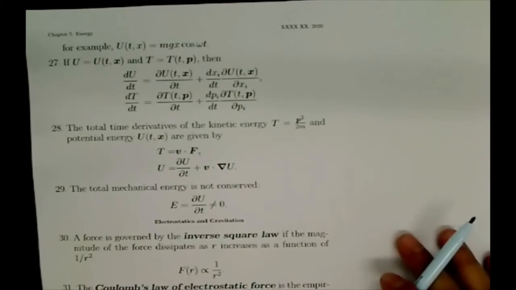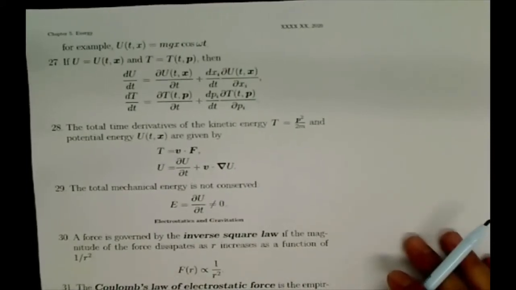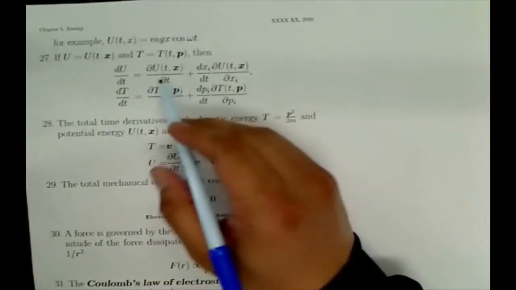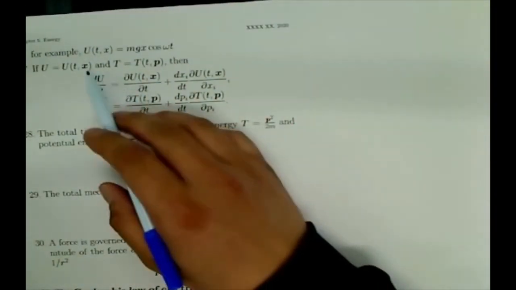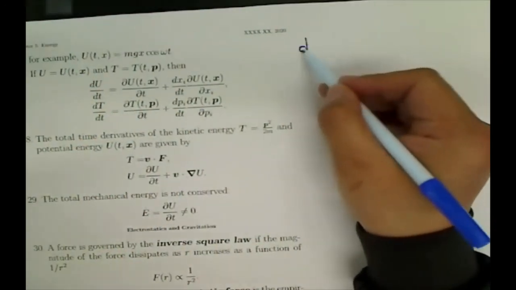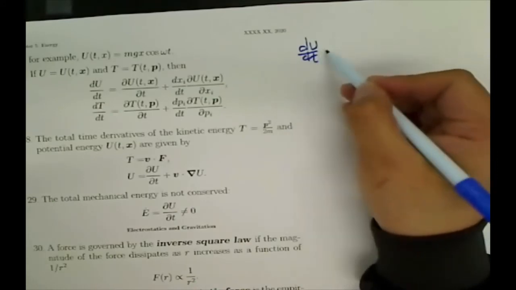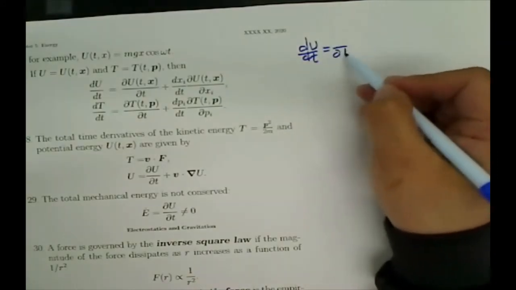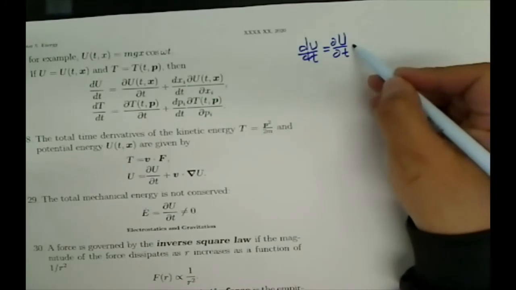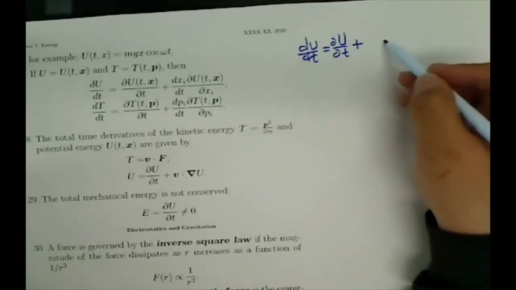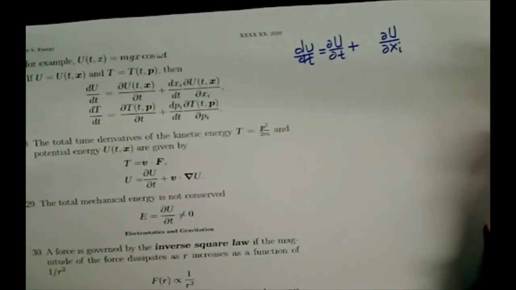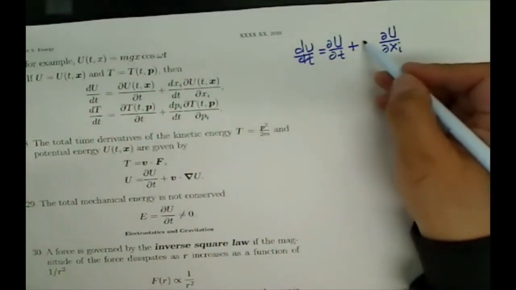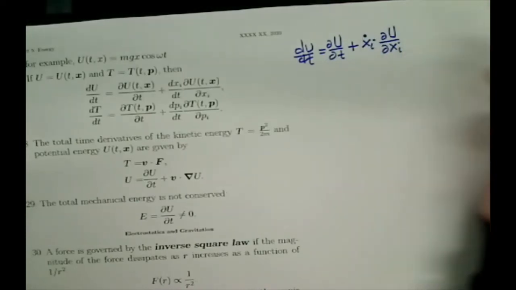If it is the case, the potential energy is a function of both x and t, so total time derivative of the potential energy is a partial time derivative of potential energy plus it has an x dependence, and applying the chain rule, we multiply xi dot.